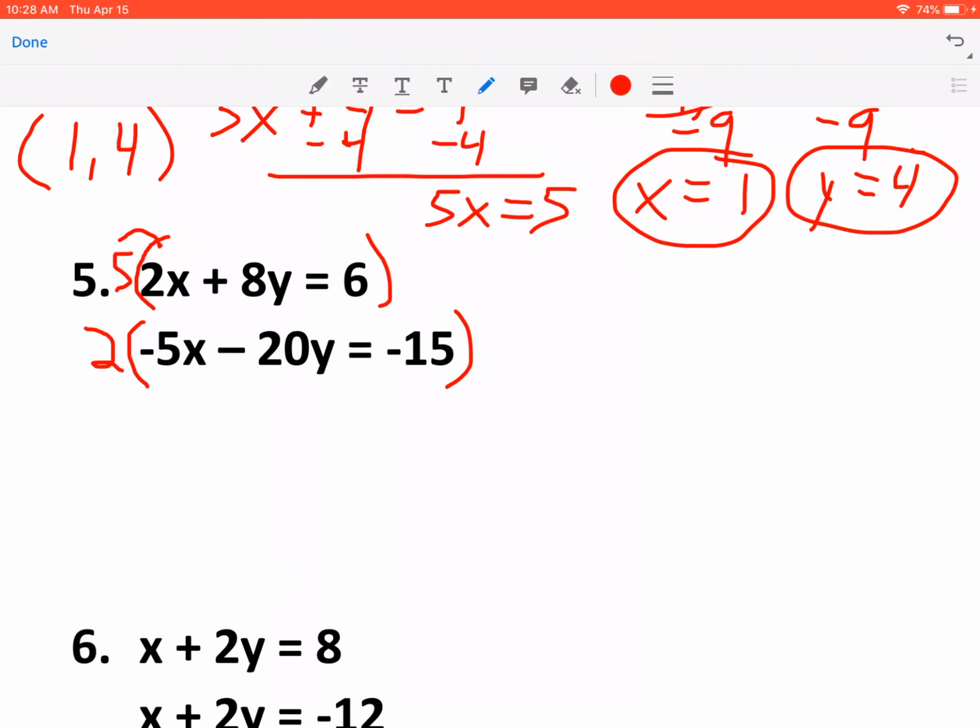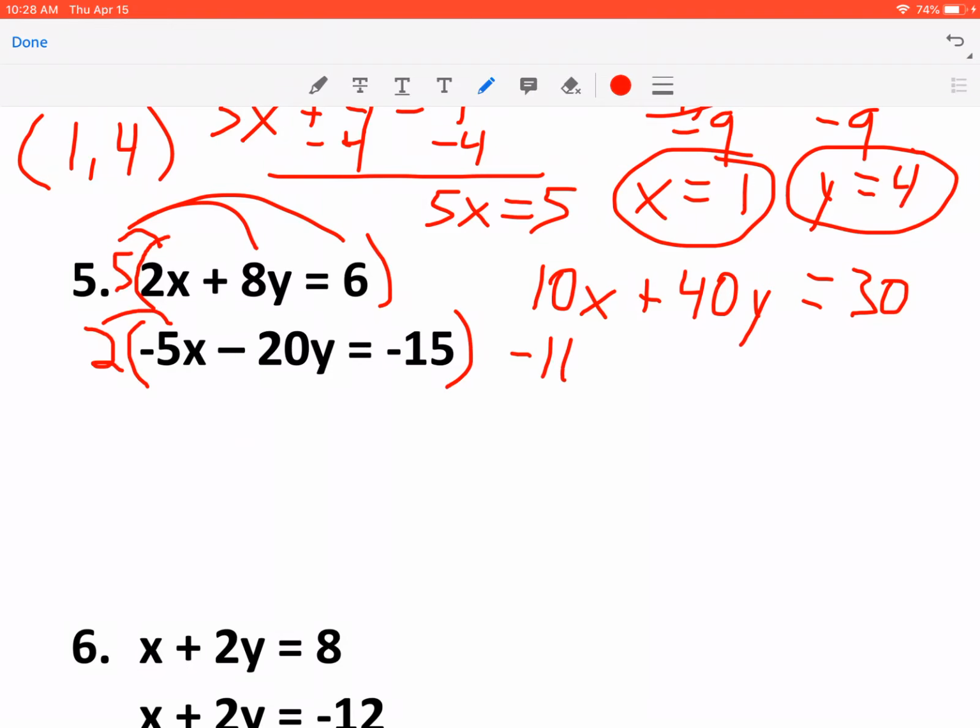So if I distribute, I got 10x plus 40y equals 30. Then on the bottom, I got negative 10x, and 2 times negative 20 is minus 40y, equals negative 30.